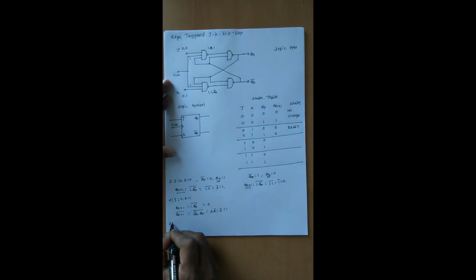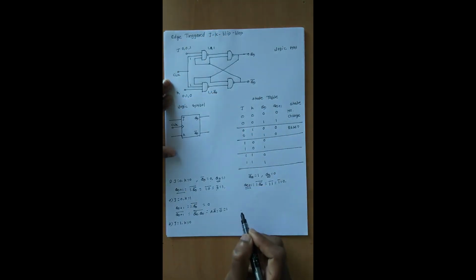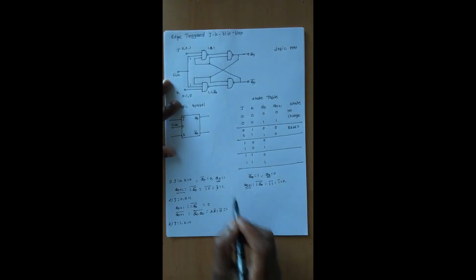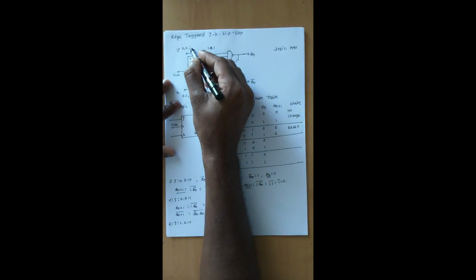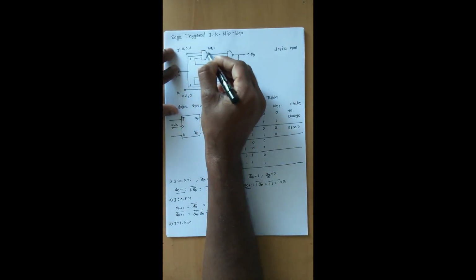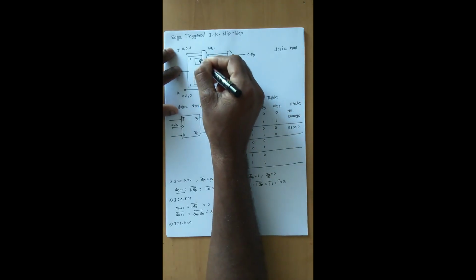And the third one, J is equal to 1 and K is equal to 0. Right now this value is 1 and this value is 0. Okay, then in which way we have to justify this? If any input to the NAND gate is 0, then the output will be 1. Okay, so for this one we have to analyze this value, 1 into 1, then this is nothing but Qn.